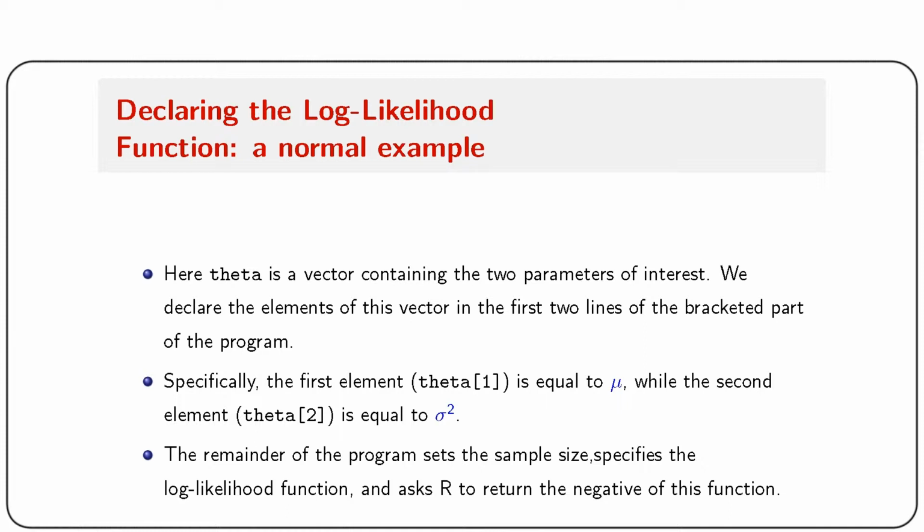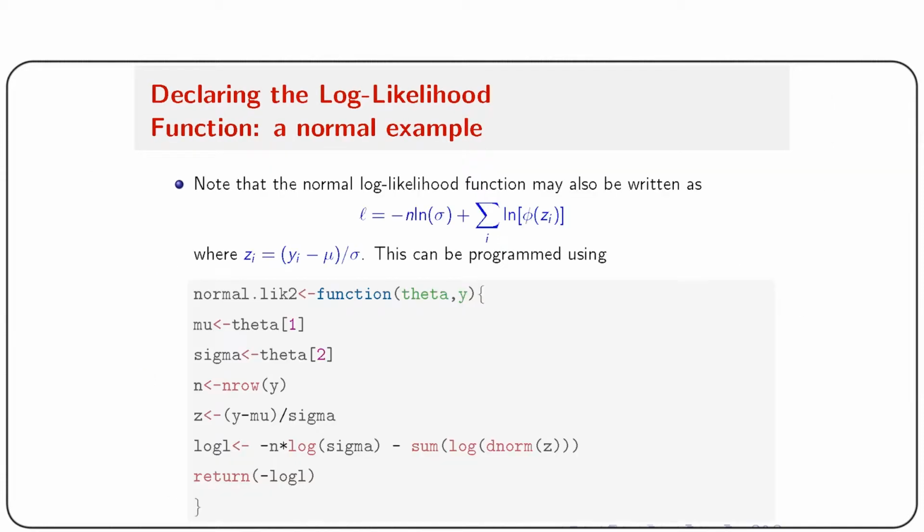The first element, theta 1, is equal to mu, while the second element, theta 2, is equal to sigma. The remainder of the program sets the sample size, specifies the log likelihood function, and asks R to return the negative of this function.